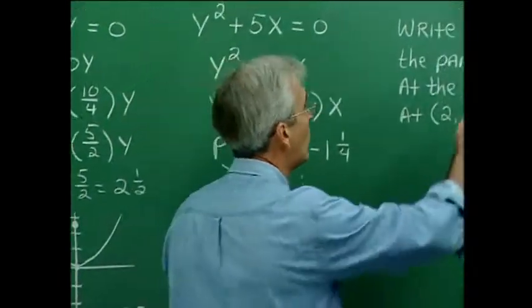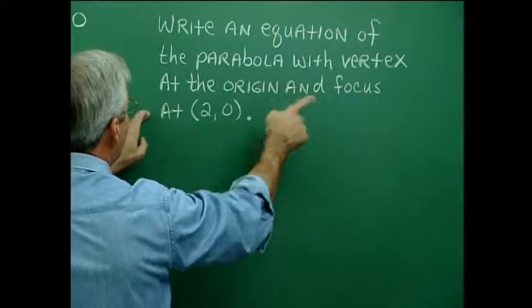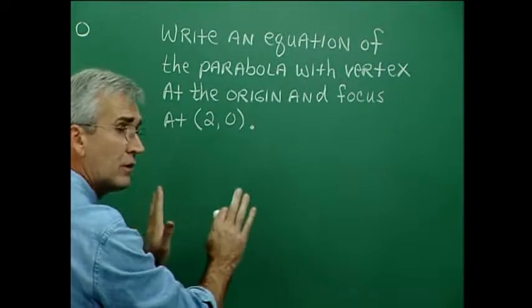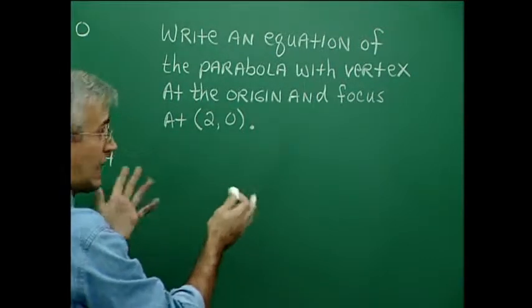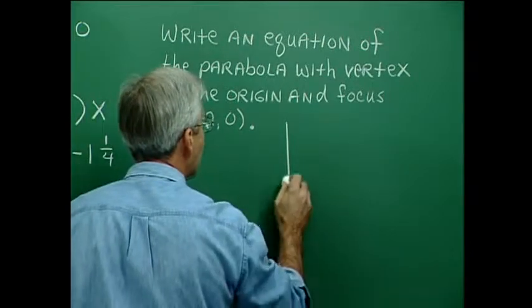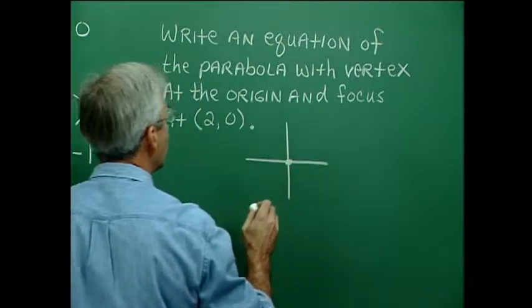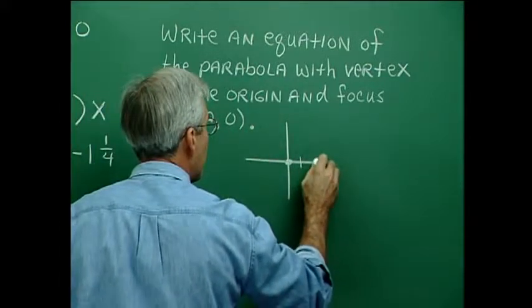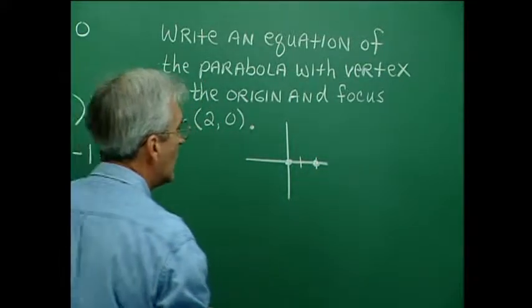Suppose we want to write an equation of the parabola with vertex at the origin and focus at (2, 0). You see, so with this information we're going to produce the equation. Now you begin maybe by just sketching the graph. If we've got a coordinate plane and we know that the vertex is at the origin and we have a focus at (2, 0), then we know an awful lot about the nature of the graph.